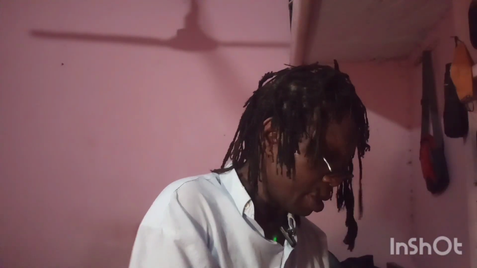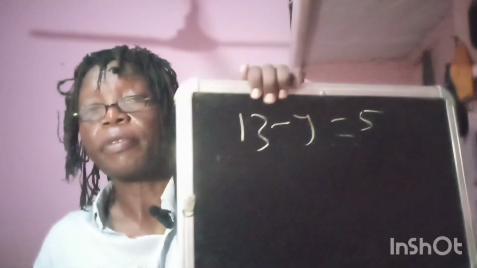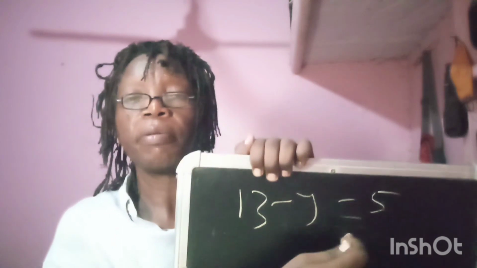But this is according to the book. According to me, if I was the one to do this for my own self, for my head, I'll do it the other way around very easily. I'll just try to get rid of 13. You already know what this value is, 5. So how do we get rid of 13? By minus 13. Okay, and then we minus 13 here.